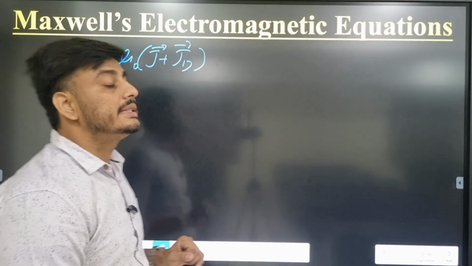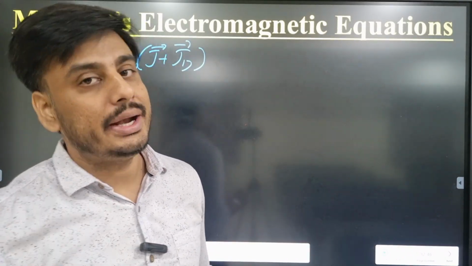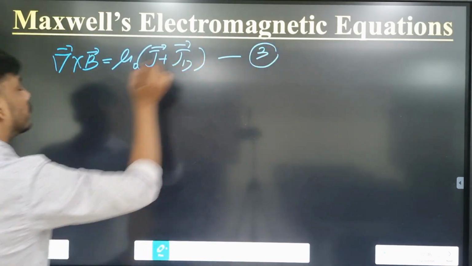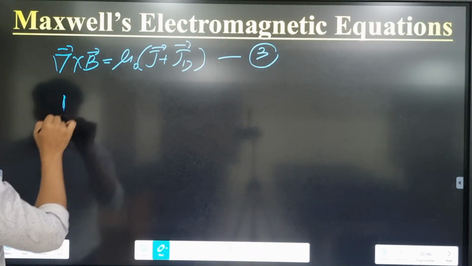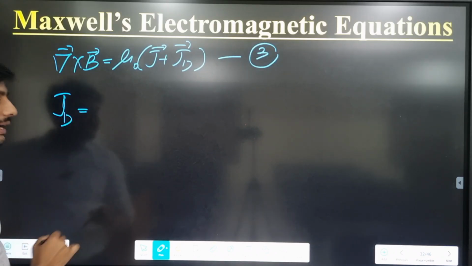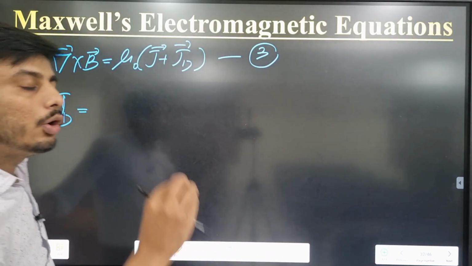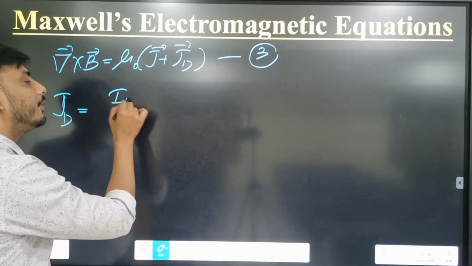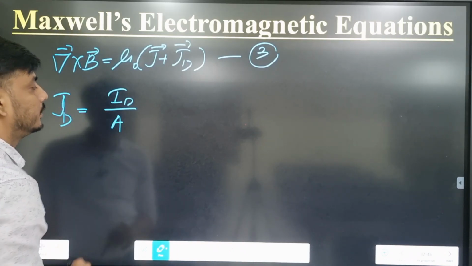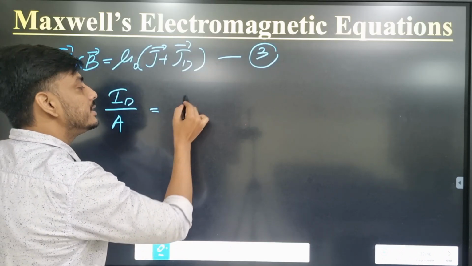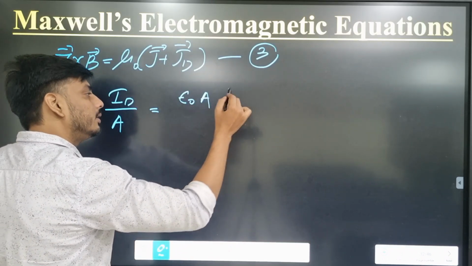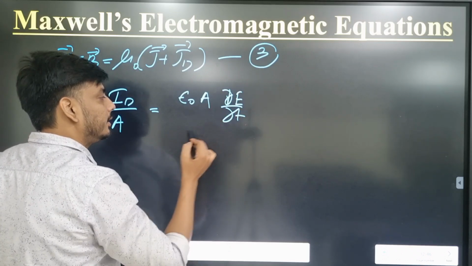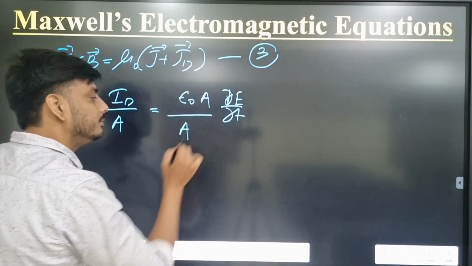In our required result, instead of J_D, it was given del D by del t. So now we have to convert. Let's give it equation number 3. J_D is the displacement current density, which means displacement current divided by area. The displacement current formula is epsilon naught A del E by del t, divided by area.